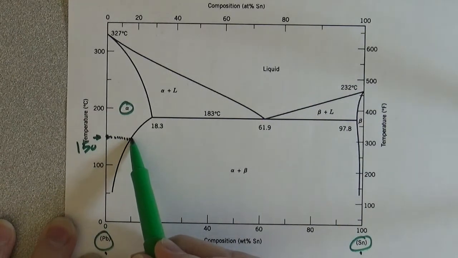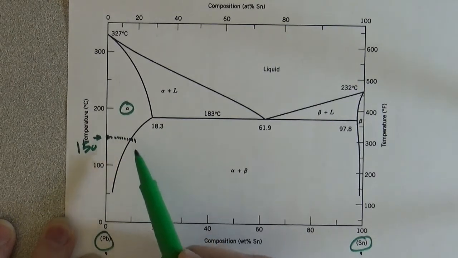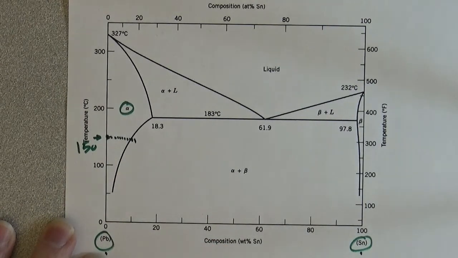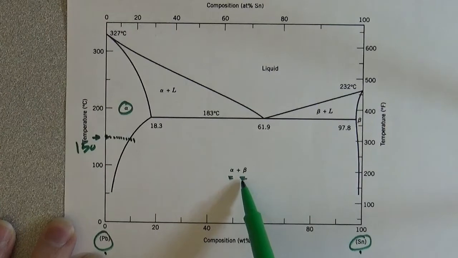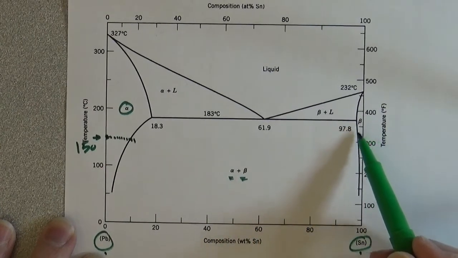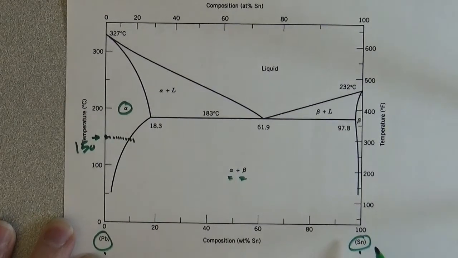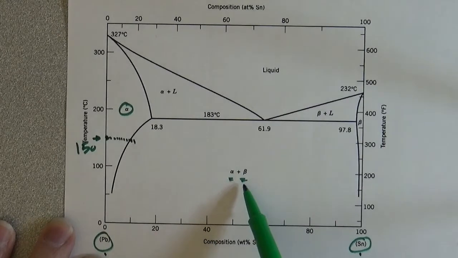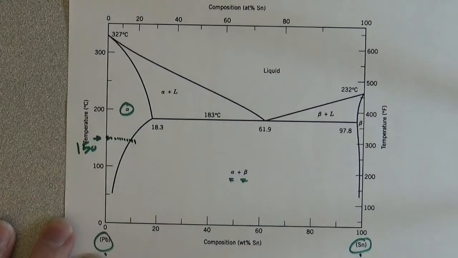And that phase boundary is going to tell us that, okay, as soon as we cross over, we no longer have our alpha phase, we now have alpha plus beta. And this beta phase is a tin-rich phase. So what happens is we get precipitation of a tin-rich phase out of our originally lead-rich phase.